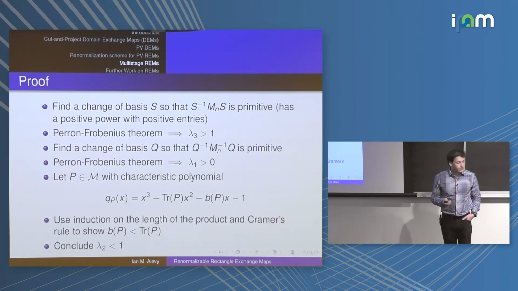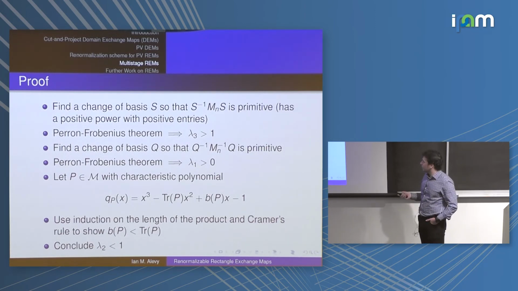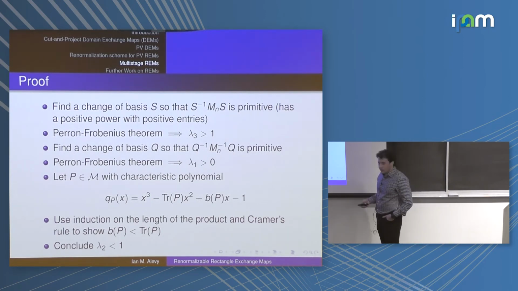Okay, so I just want to make a few comments about the proof. You can use the Perron-Frobenius theorem to show that the leading eigenvalue is bigger than 1. And you can use it again on the inverse of the matrix to show that the smallest eigenvalue is bigger than 0. So the real difficulty is showing that the second eigenvalue is smaller than 1.